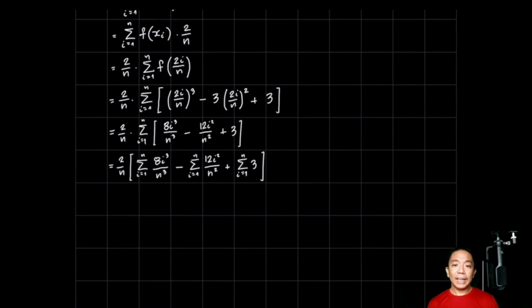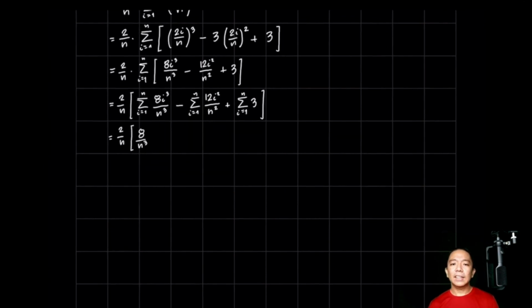Now, what we'll do next is consider na yung dun sa unang summation, yung 8 over n cubed, para siyang factor ng lahat ng i cubed. So, like, 8 over n cubed times 1 cubed, plus 8 over n cubed times 2 cubed, and so on. So, we could factor it out.